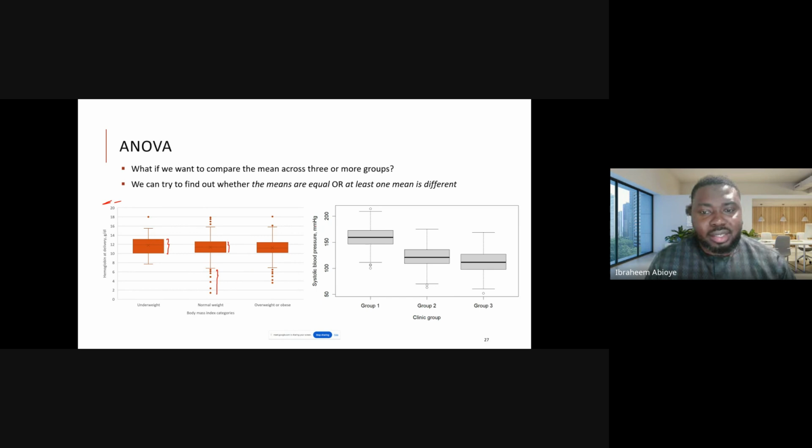So let's look at the second example. In the second example, we're comparing systolic blood pressure in group 1, group 2, and group 3. So these three clinic groups, we're comparing the systolic blood pressure amongst them. Can anybody tell us how you will understand systolic blood pressure in these groups?